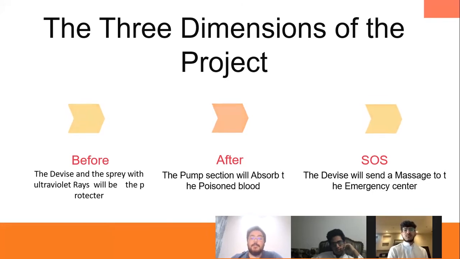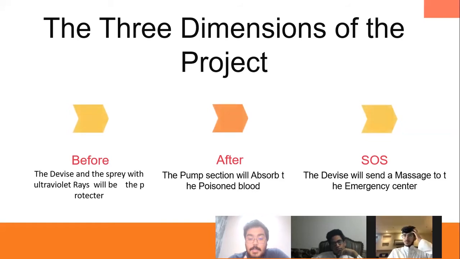And the second dimension is the after, when someone gets attacked by snakes and scorpions, we made a pump section which will absorb the poisoned blood from the human. And the last dimension, which is the SOS, is a device which will send signals to the nearest emergency center, so that they can help the human that got attacked by snakes and scorpions.